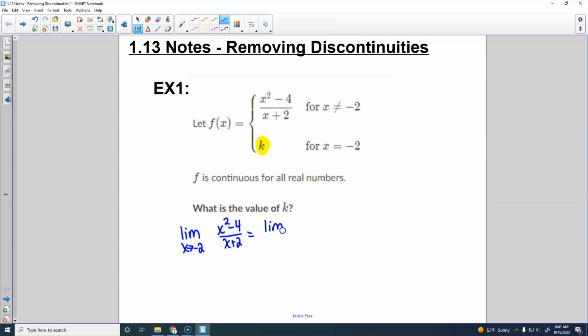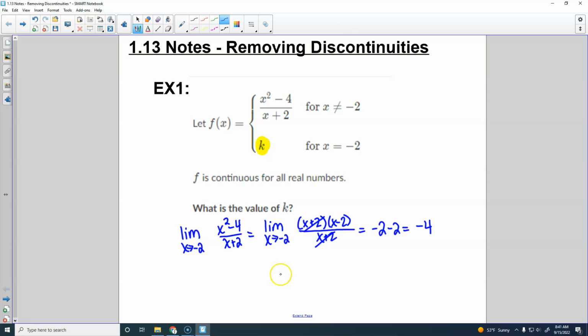So this one is just a factoring problem. And then the x plus 2's will cancel. We will plug in our -2 at this point, so -2 minus 2 will give us -4.